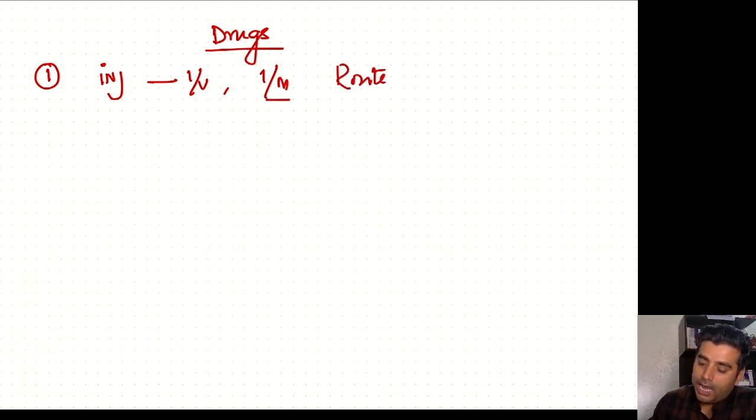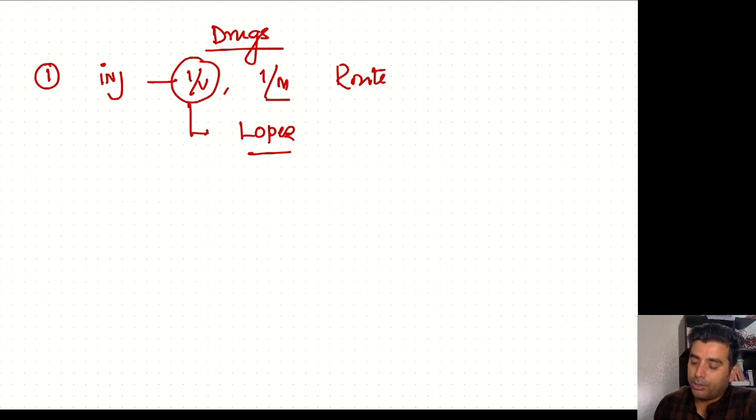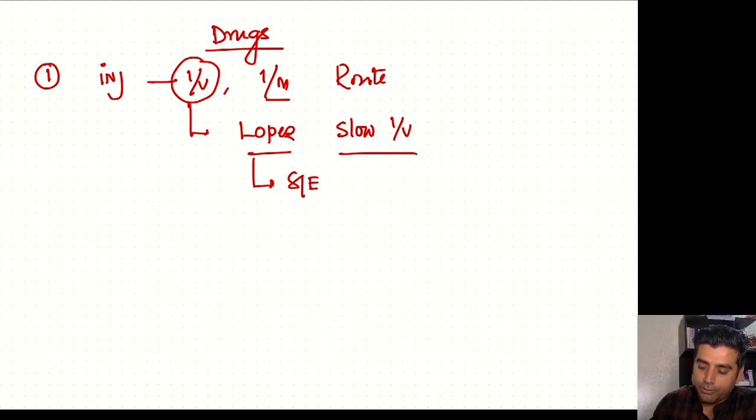Number 1, in IV, remember, whenever we give injection lorazepam, don't be in a hurry, because we always write slow IV. Slow IV means slow IV, because if you give IV lorazepam very fast, there is a chance of side effects, and we may lose the patient, because it may cause oversedation.